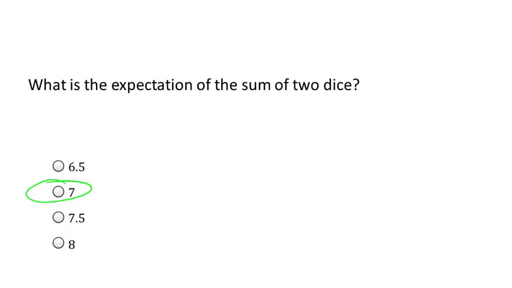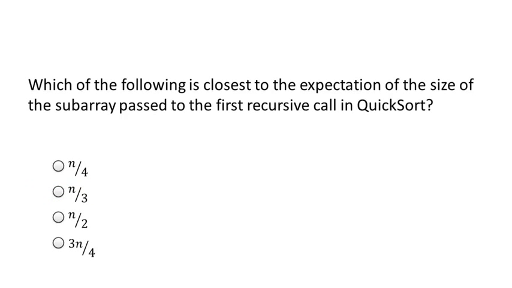A slightly sneakier way to do it, if you don't know linearity of expectation, would be to pair up the various outcomes. So it's equally likely that the sum of the two dice is 2 or 12. It's equally likely to be 3 or 11, 4 and 10, and so on. Each way of pairing up these values of the two dice results in 14, and when you average, you get 7. But again, the right way to do this is linearity of expectation, which we'll cover next.